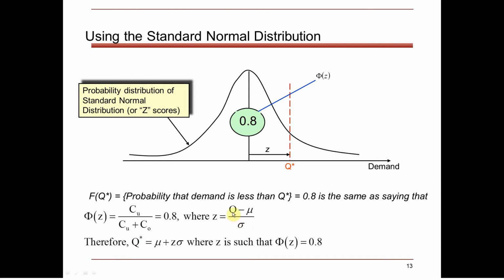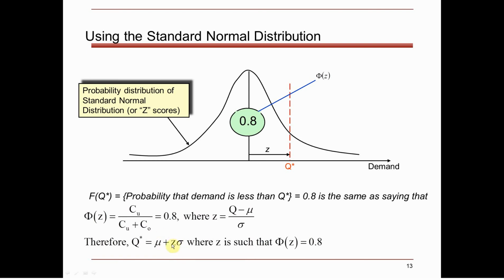Once we know how many standard deviations away give us the critical ratio, in other words 0.8 for our problem, we can convert that into the non-standard normal, whose mean is mu and standard deviation is sigma, using this simple formula. The optimal quantity to order would be the mean of the demand plus z, the number of standard deviations that give us the critical ratio, times the standard deviation of our demand.